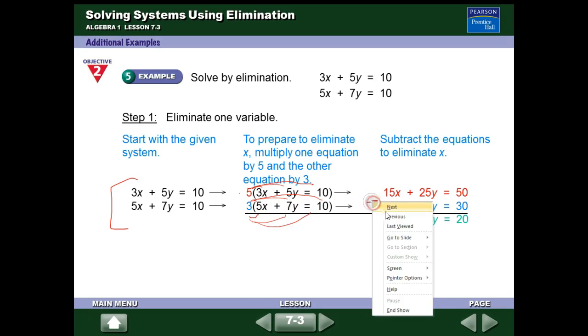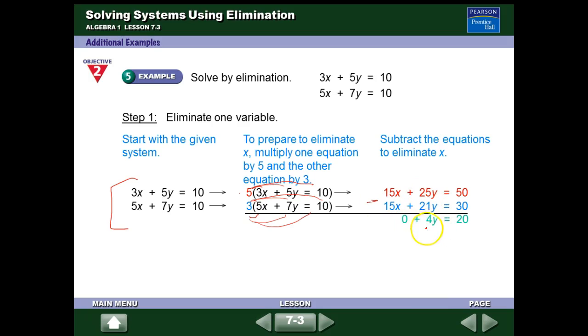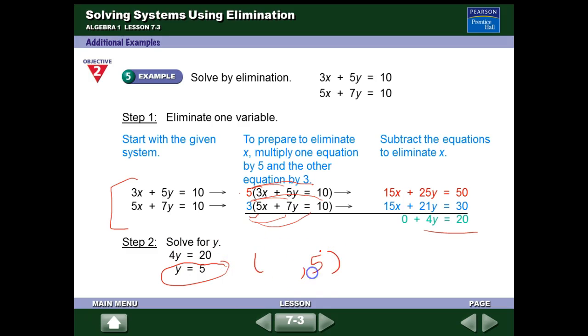We are going to subtract here. 15 minus 15 gives me 0. 25 minus 21 gives me a positive 4y. 50 minus 30 is 20. I can take this and solve for my y. Y, when you divide both by 4, is going to give you 5. So my first part in my ordered pair, y is 5.